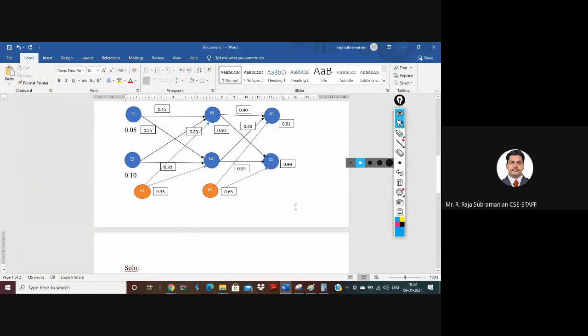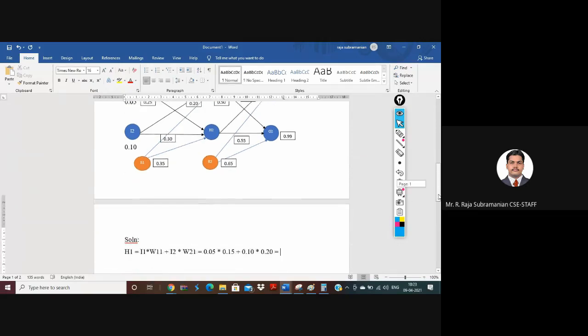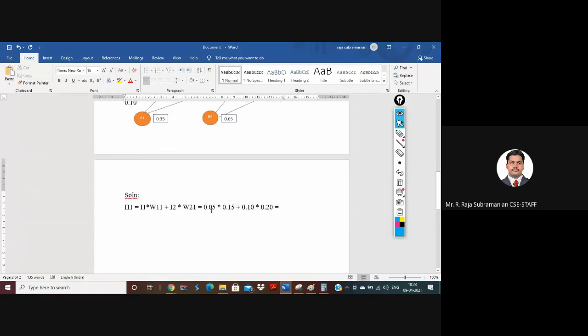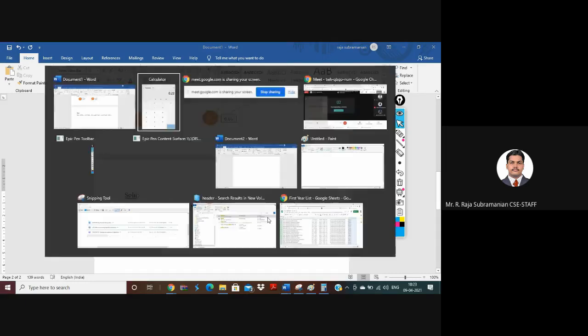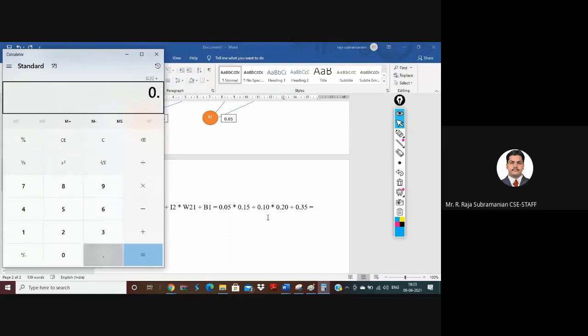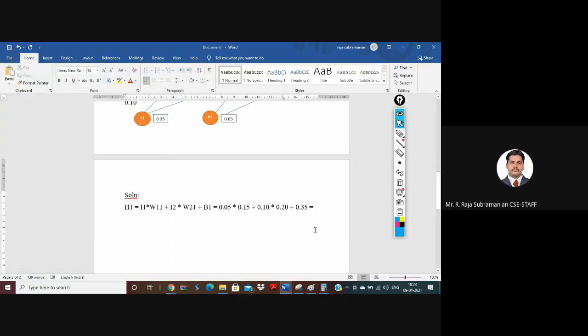So I'll include the bias B1 also, plus 0.35. Can anyone say what is the total value of this? What is the total value? 0.57, right? 0.57.